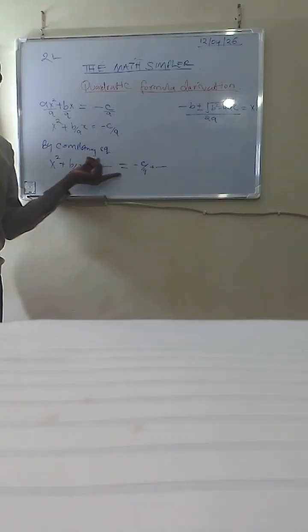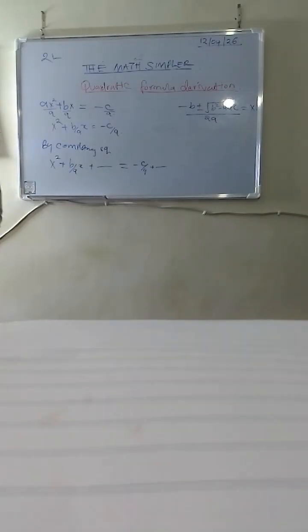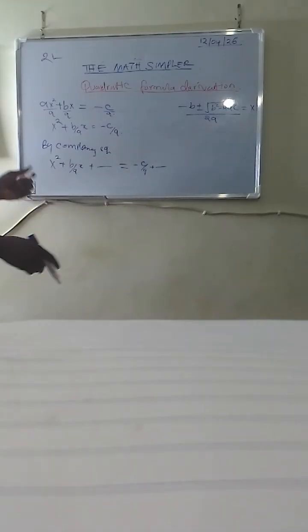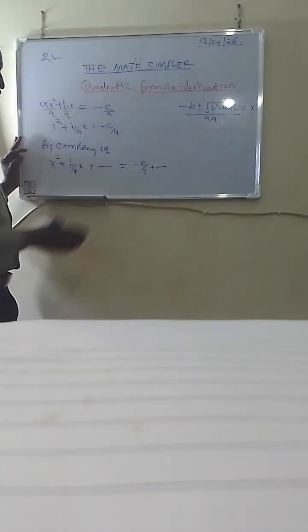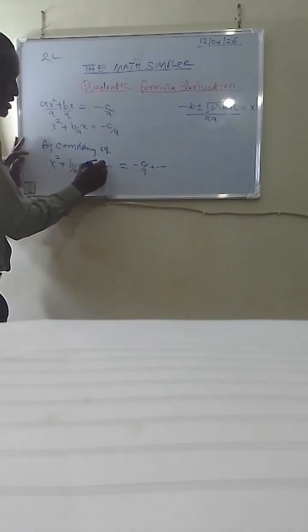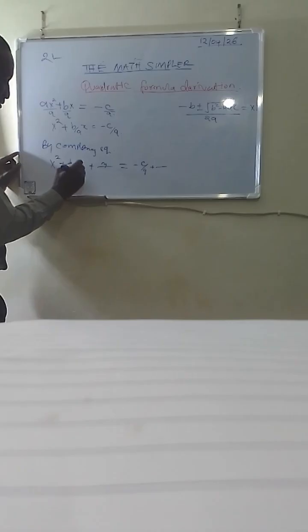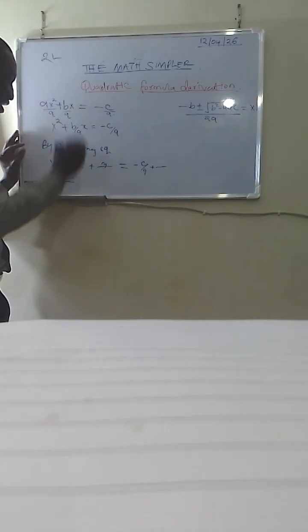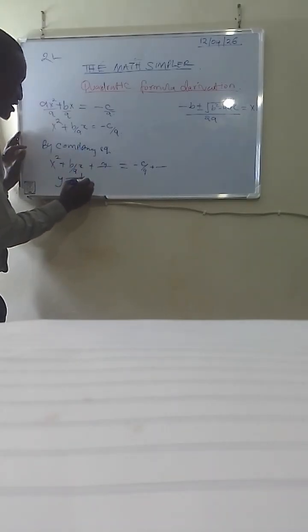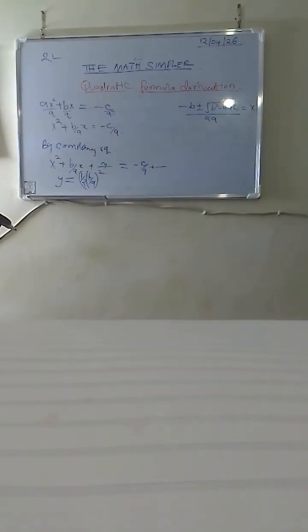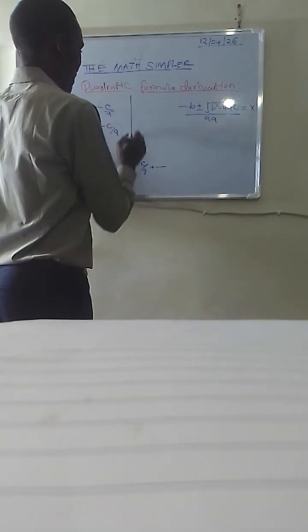If you add 1 here, 1 must be here to balance the equation. By completing the square, we mean this one here, which is y, will be half the coefficient of x, which is b over a, all of this squared, which will give us something like this.